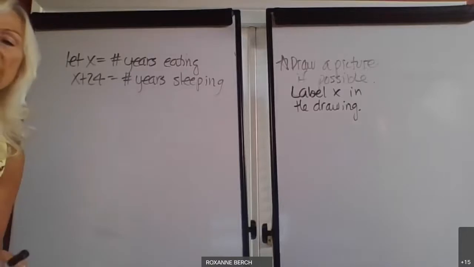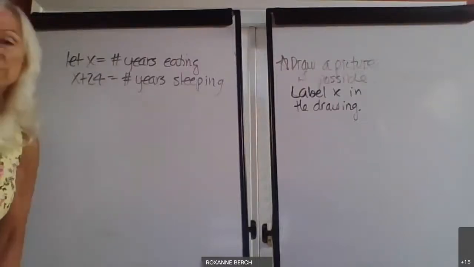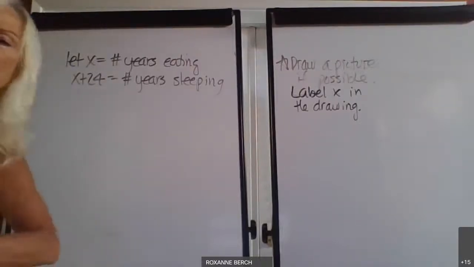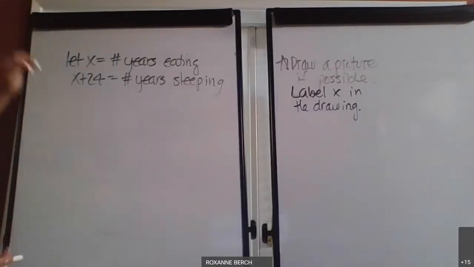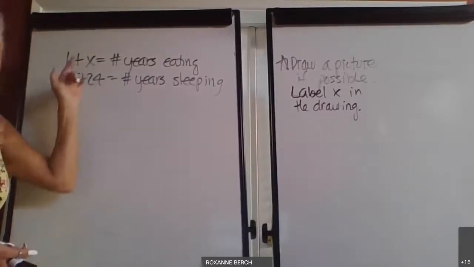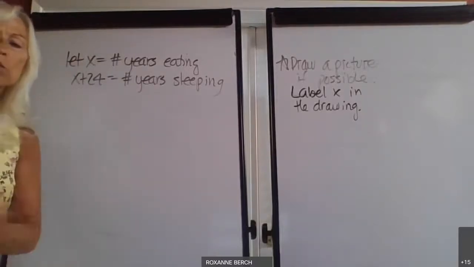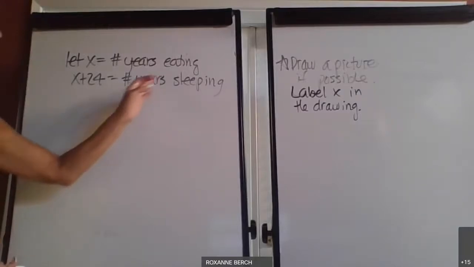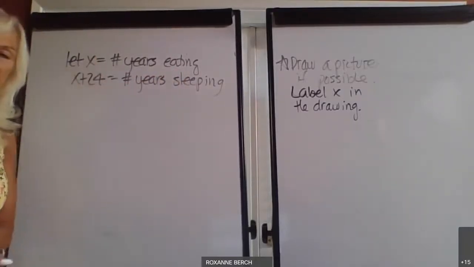So here's what I used to do in high school. I would let Y equal the number of years sleeping. Well, guess what? You can't do that with two unknowns. We don't know what the number of years eating is, and we're representing the number of years sleeping using the number of years eating, because the writing says the number of years sleeping is 24 more than the years eating.